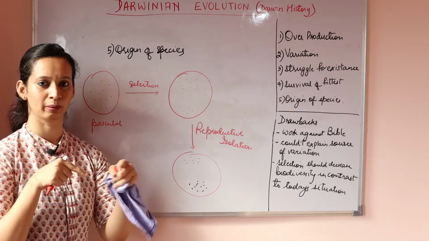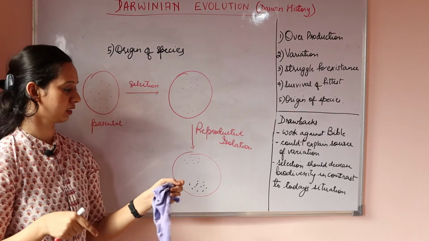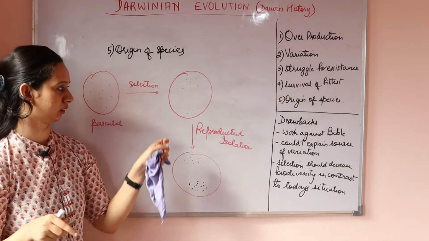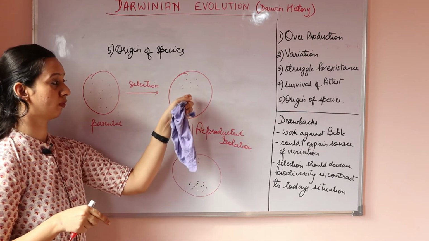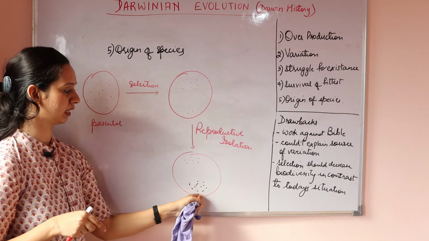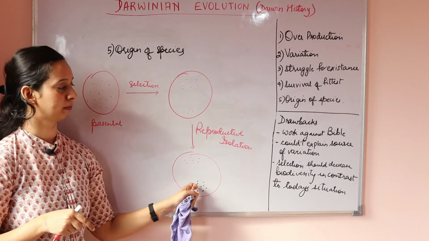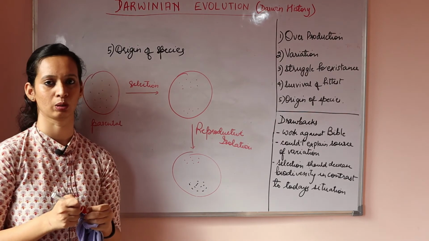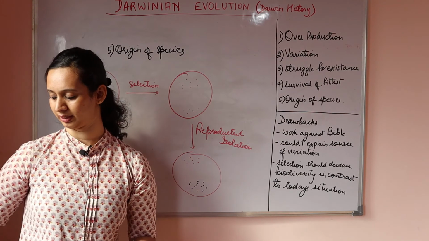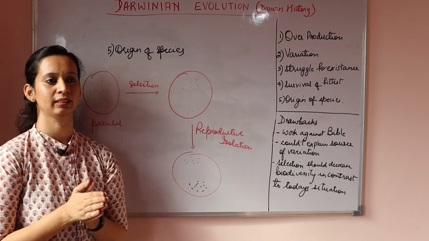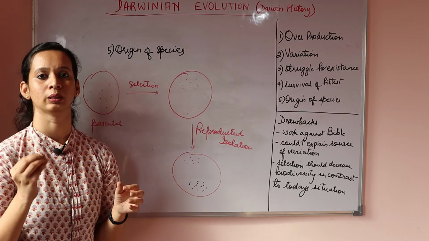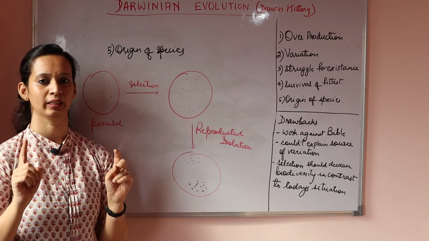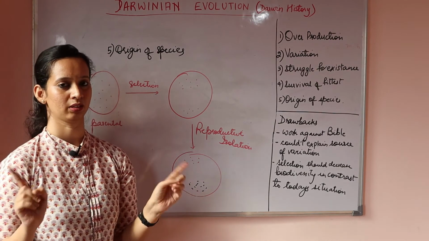If they are not able to reproduce within themselves, that means they are two different species. Now these two populations of the same species have developed as two different species because of the reproductive barrier, and that is the hallmark of Darwinism. Darwin says that you call it a different species when they are not able to mate amongst themselves.